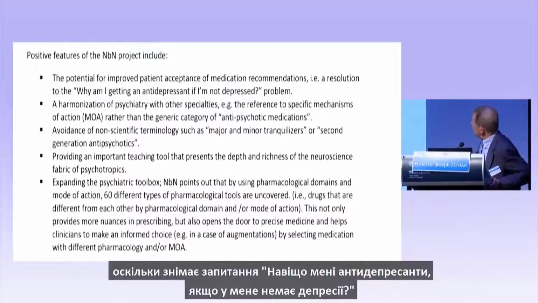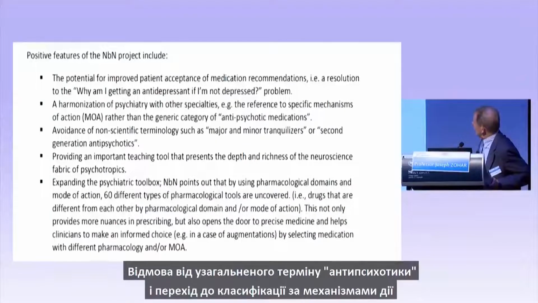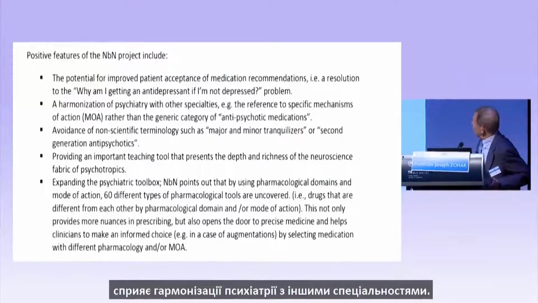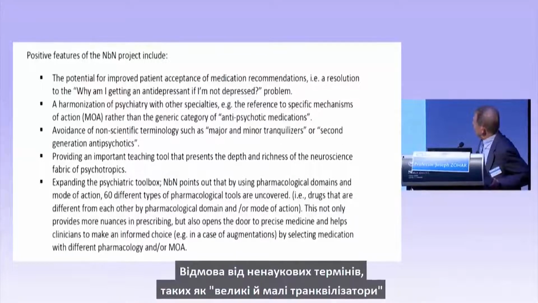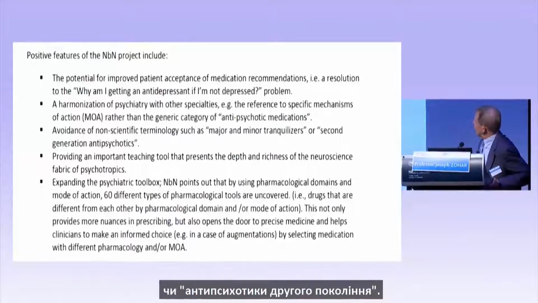They also point out some positive features, going back to what we mentioned earlier: the potential of improving patient acceptance of medication recommendations, i.e. a resolution of the 'why am I getting an antidepressant if I'm not depressed' problem, harmonization of psychiatry with other specialties, reference to specific mechanism of action, avoidance of some non-scientific terminology such as major and minor tranquilizer or second generation antipsychotic. We talked about all of this.